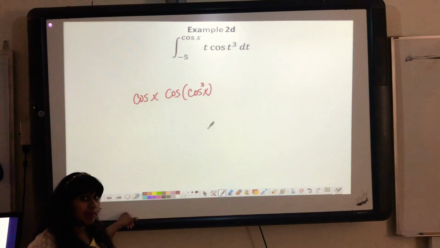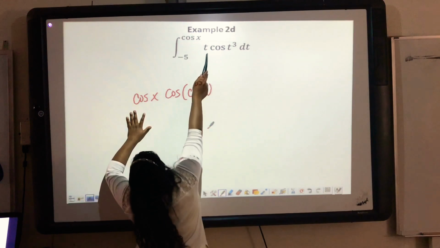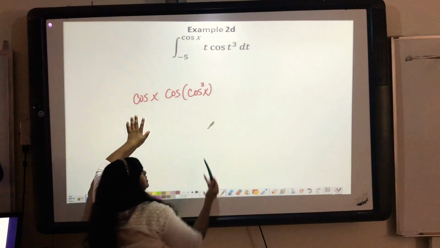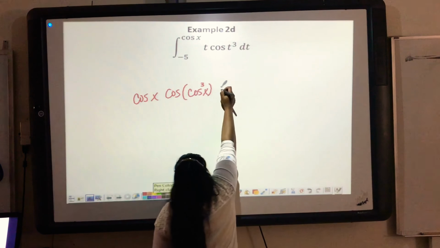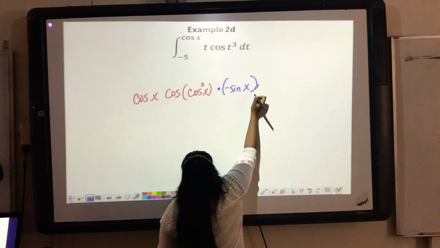But again, I'm not done, because I have to multiply. I've done the replacement step. This t became this, and I cubed it because it's already cubed, but I'm not done. I have to multiply by the derivative of my b, so the derivative is negative sine x.